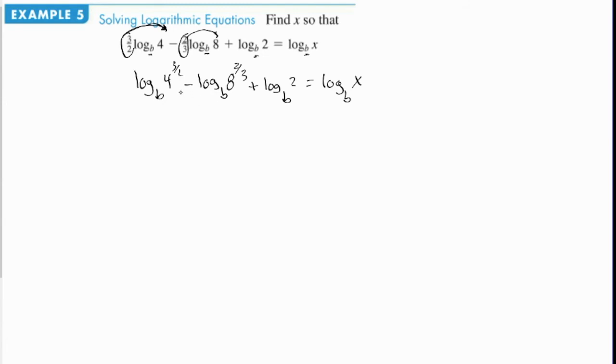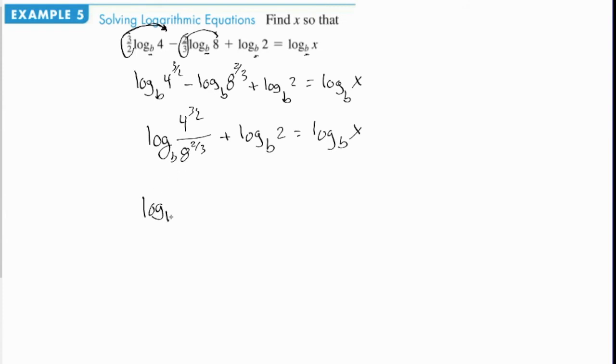Now that I have these all with the same base, we can start to apply the log properties that when I subtract them, I can express them as a fraction. So when I subtract these logs with the same base, I can express them as a fraction, 4 to the 3/2 over 8 to the 2/3. And now the plus says I can multiply.